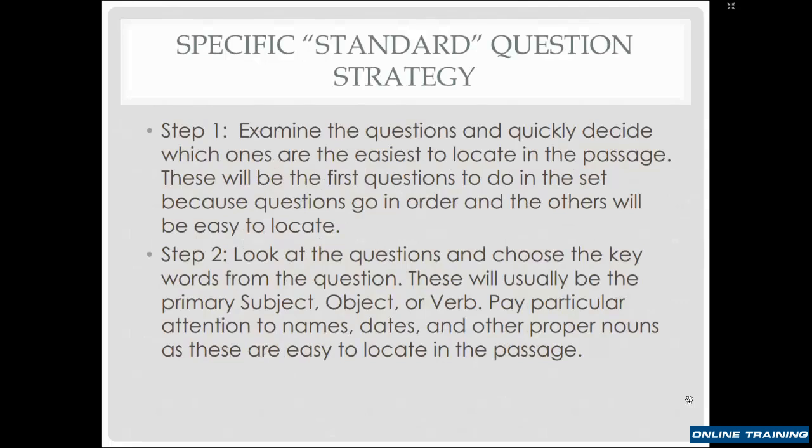Step one in doing the standard multiple choice question: examine the questions and quickly decide which ones are easiest to locate in the passage first. That's important because you want to be able to find an answer quickly, but it also sets you up to know where all the other ones are going to be located. You want to look at the question and pull out the keywords, and then scan the passage and find the sentence that the question is coming from.